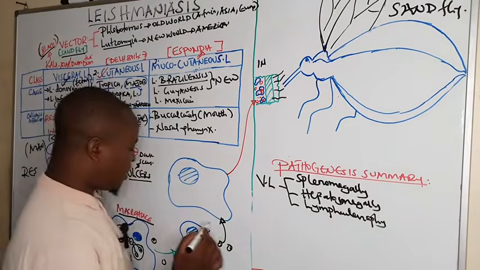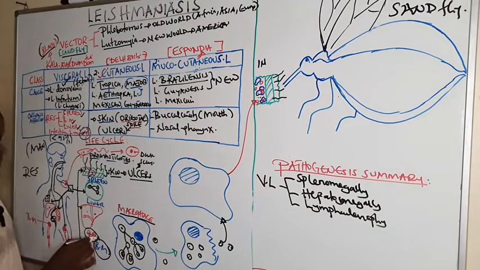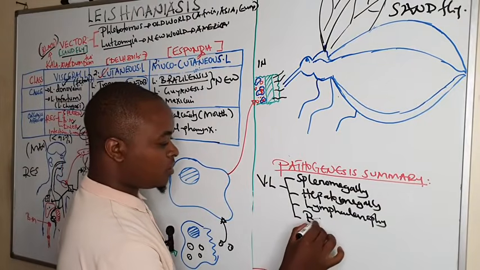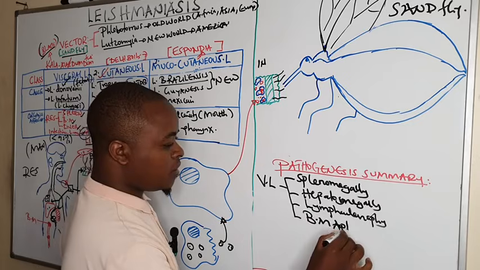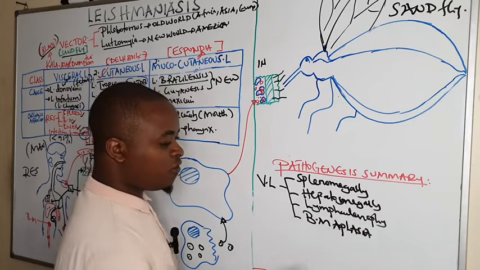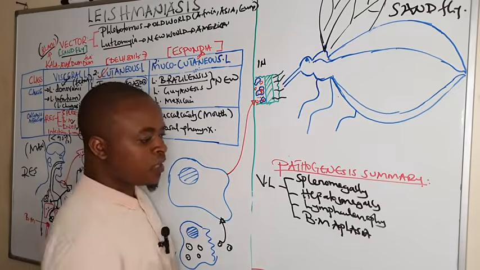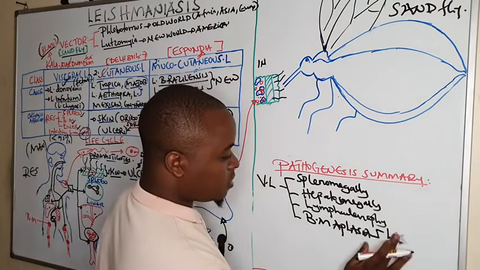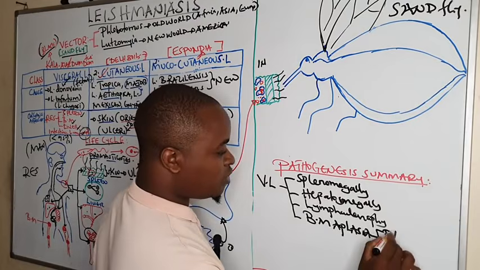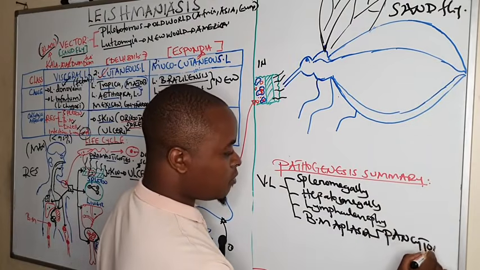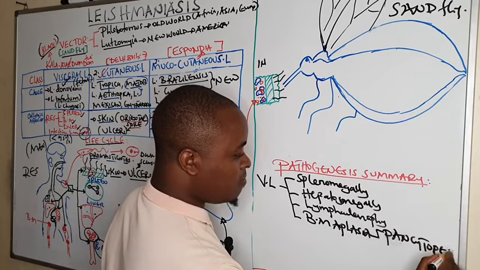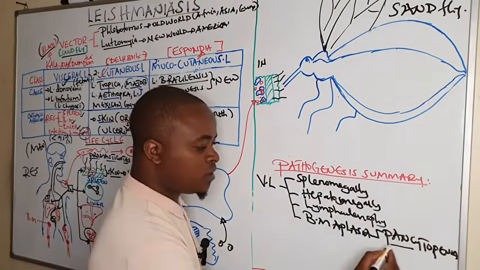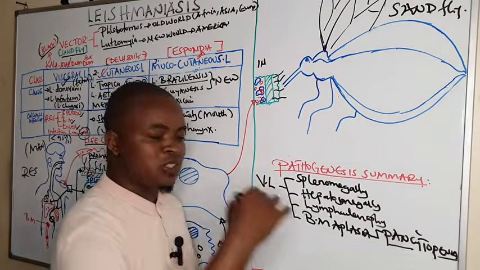At the same time, since they affect the bone marrow, we can find bone marrow aplasia. And this bone marrow aplasia, or lack of cellularity of the bone marrow, can result into what we call leukopenia. Actually, it can result into pancytopenia, whereby penia means reduced cell line. Pan means several, cyto means cells, and penia means reduced.